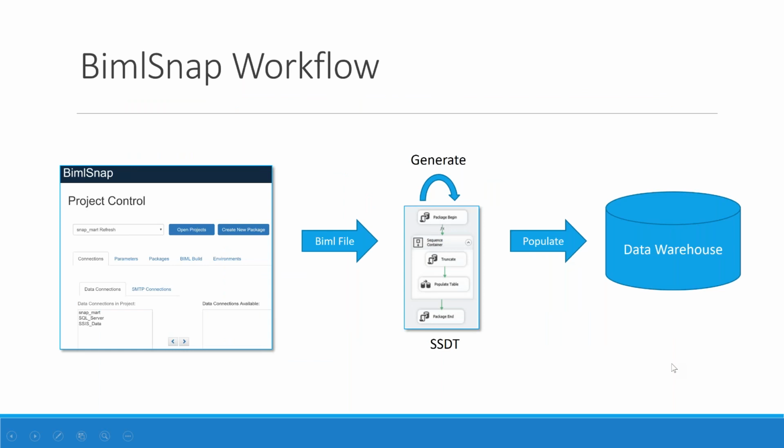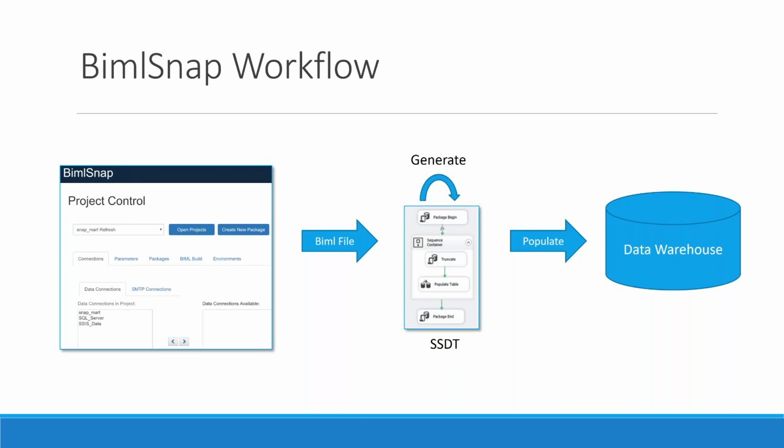Very simple workflow. Moving from left to right, you'll see the Biml Snap front end. This is a web-based front end. It's free to use. You can go to bimlsnap.com, go to the online page, and there's a try it. It'll take you directly to this particular form.